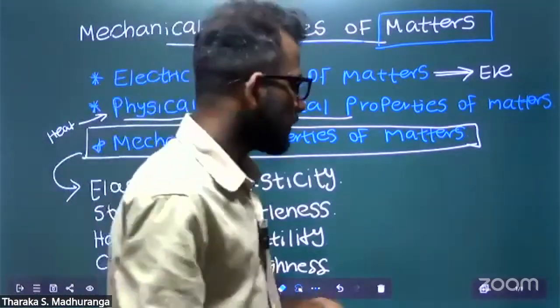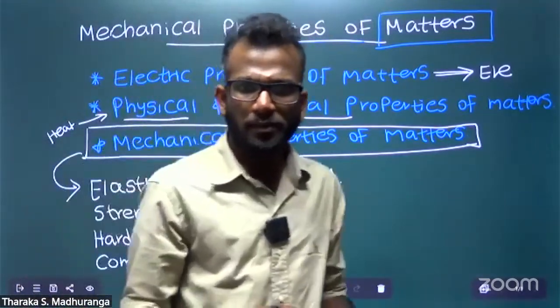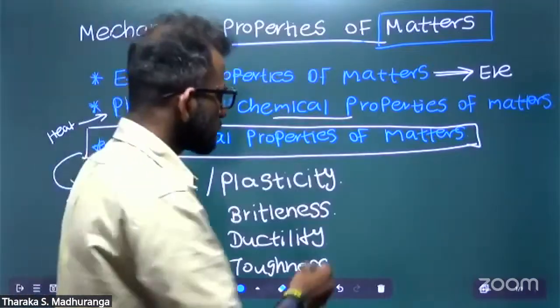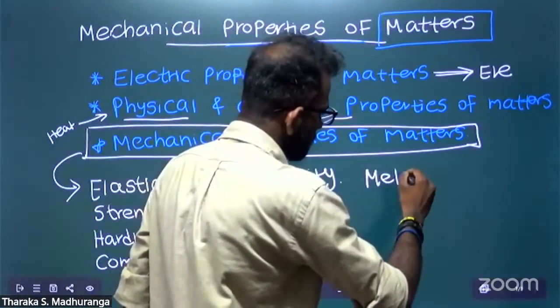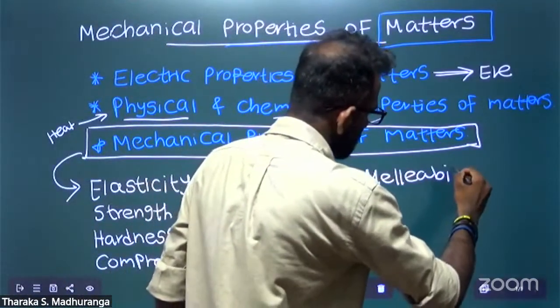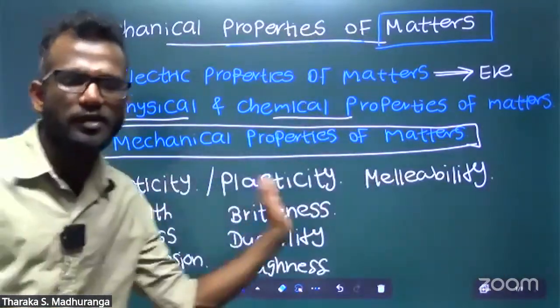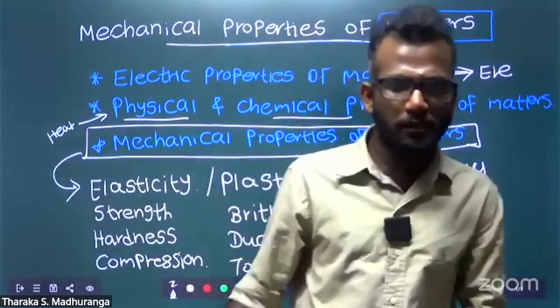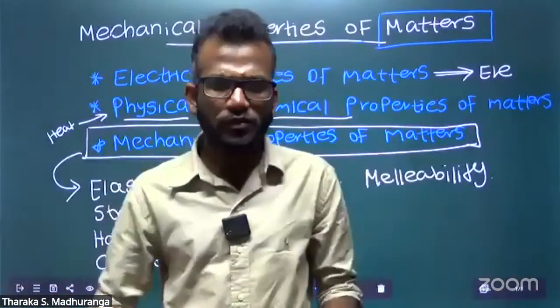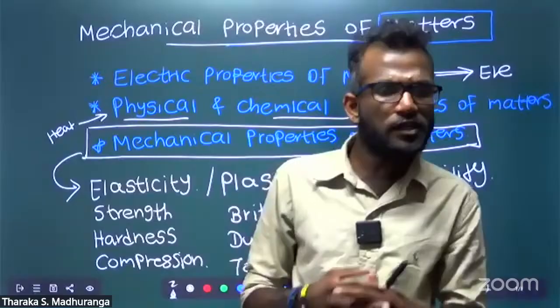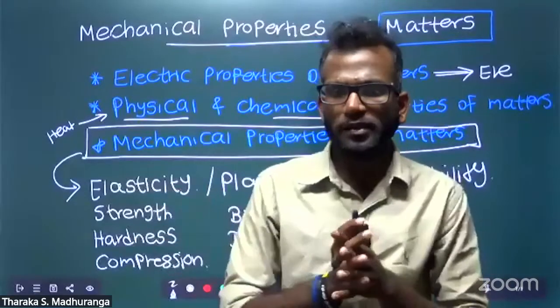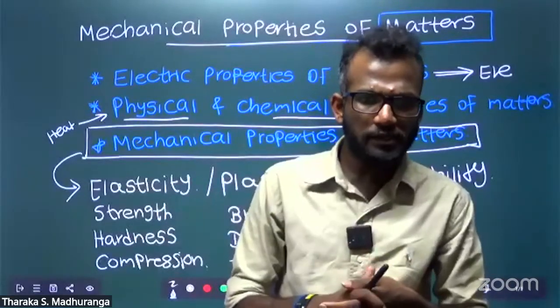Yes, malleability. There are different types of mechanical properties. We can find more than 100. If you search on the internet, you can find different types of mechanical properties of matter.